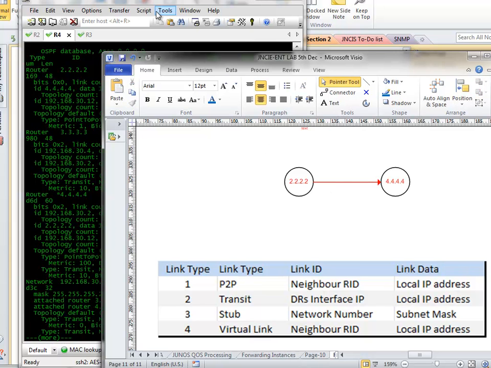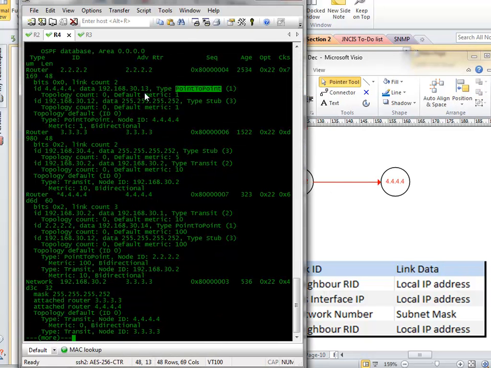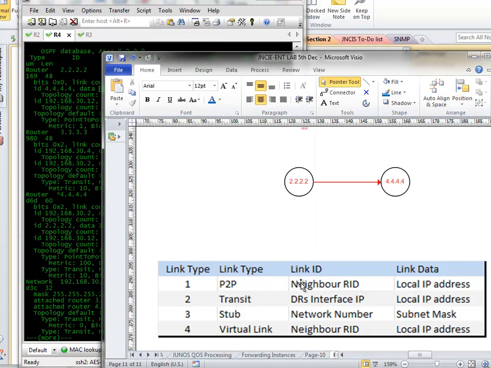Right, let's read the second part. So it has data of 192.168.30.13. So what is that telling us? It tells us, look, it's a point-to-point link. It's describing the local IP address. Okay, so let's whack that in the diagram as well. 192.168.